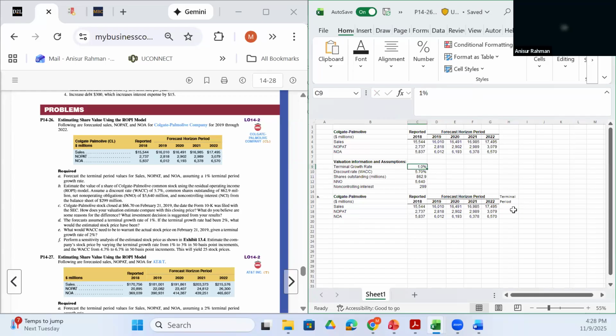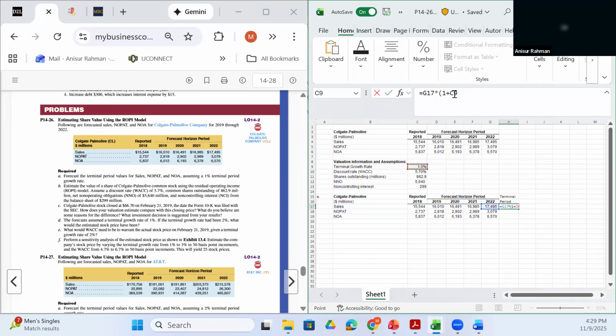This is 1%. So this will be 2022 sales times 1 plus the growth rate. And I will lock this growth rate cell so that when I pull down this formula, this cell does not move, but these cells move accordingly.